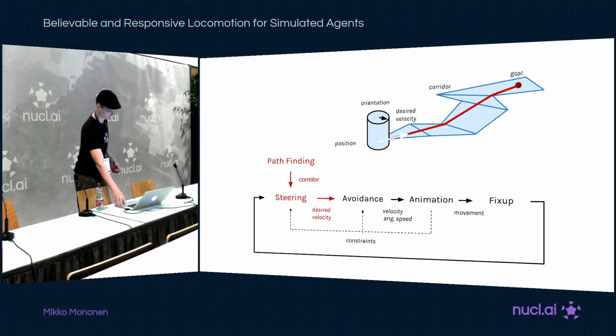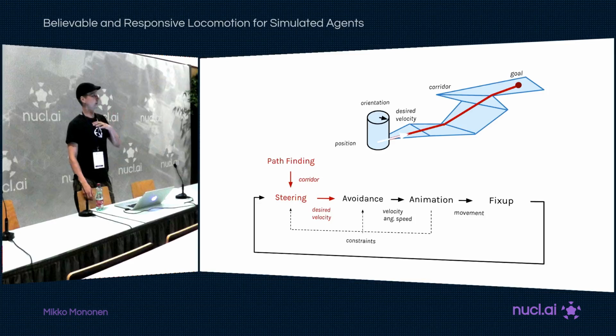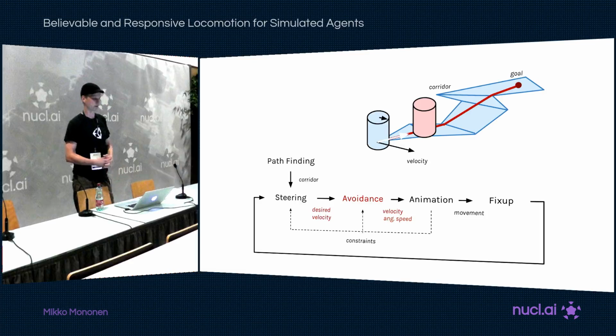And in steering, you might also want to do things like orient the character. In our case, it would be just trying to make the character face towards the desired velocity, for example. And next up is avoidance. When you have multiple characters in the world, if you don't want them to go through each other, you need to do some kind of avoidance.